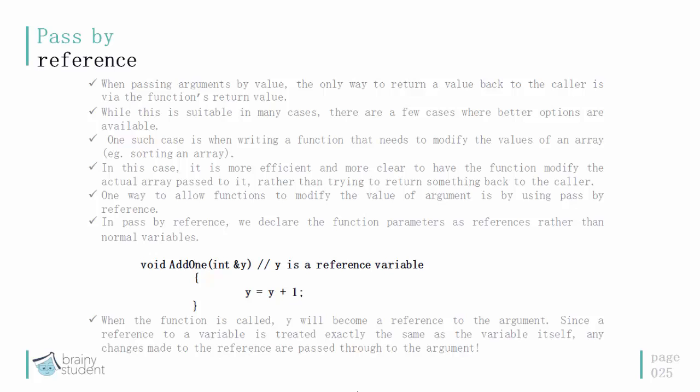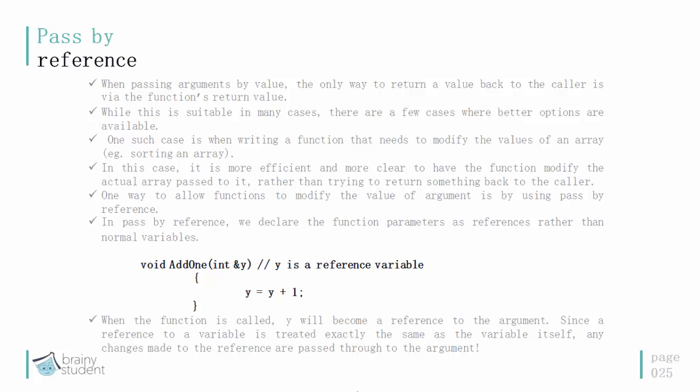So for such cases, one way to allow a function to modify the argument value is by using pass by reference. Means instead of passing a value, we will pass a reference. Now I hope after pointers you understood what a reference is. Reference is address, right? So in pass by reference, we declare a function parameter as a reference rather than a normal variable.